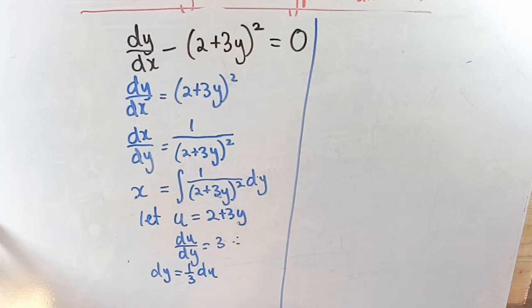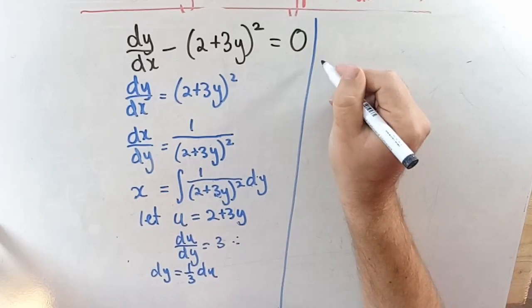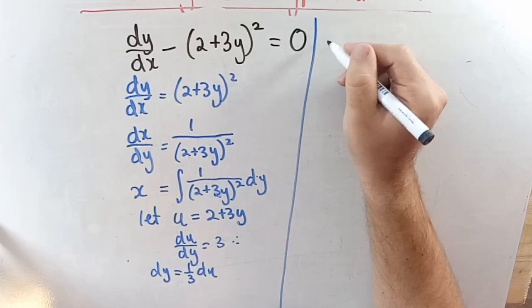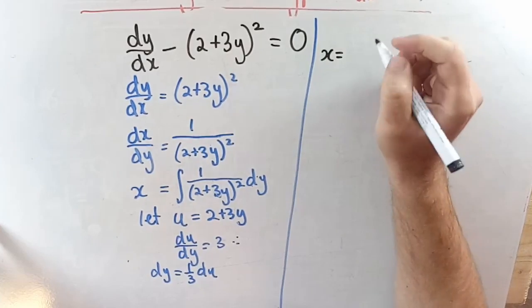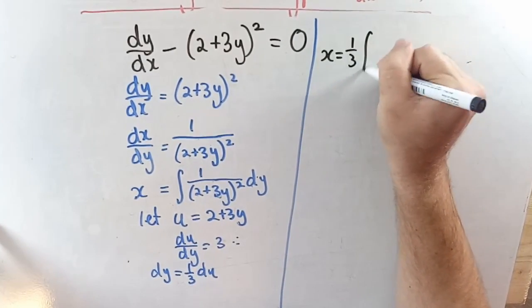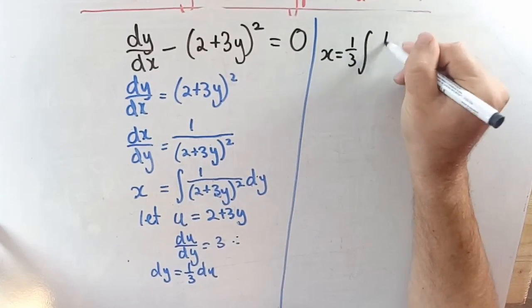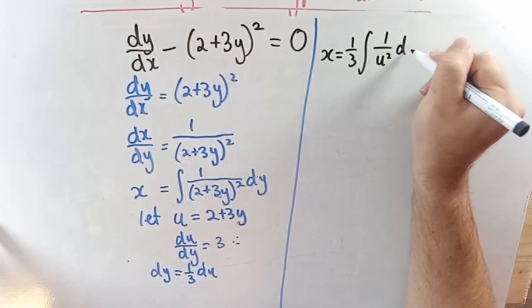So up here we've got x is equal to 1/3 of the integral of 1 on u squared du.